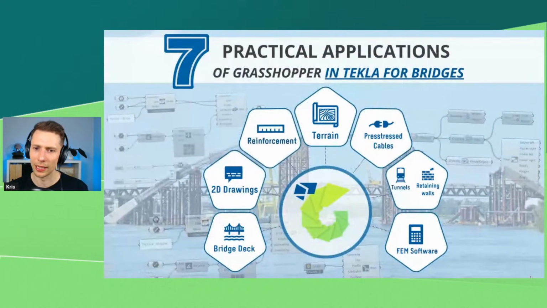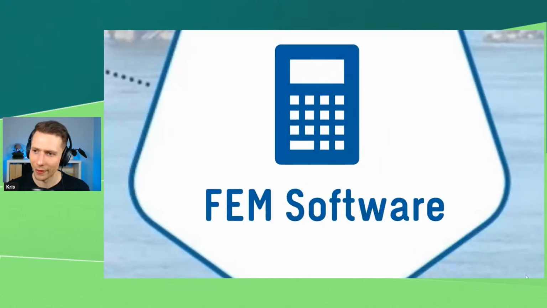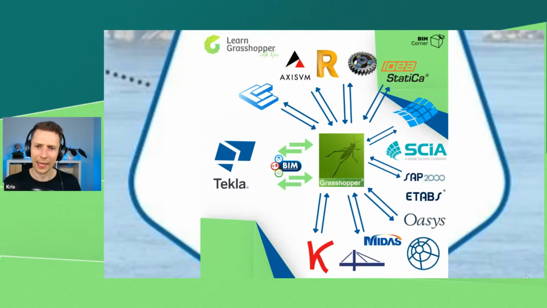And the last point that I would like to present today is the connection with finite element software. Compared to Bridge Creator, which is good for modeling 3D geometry, I think this is the biggest benefit of using Grasshopper. Grasshopper can be connected with lots of different software.